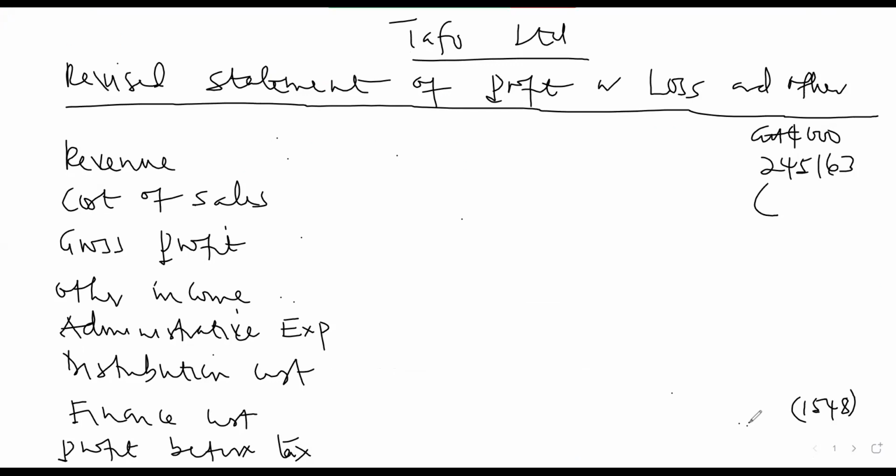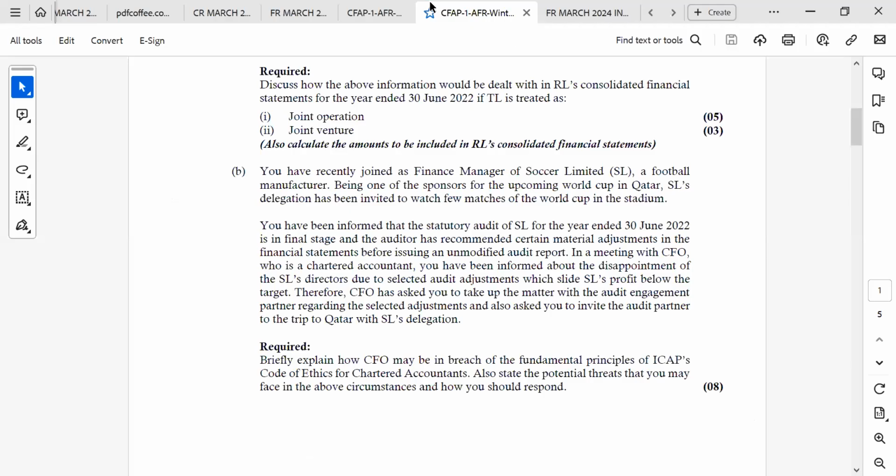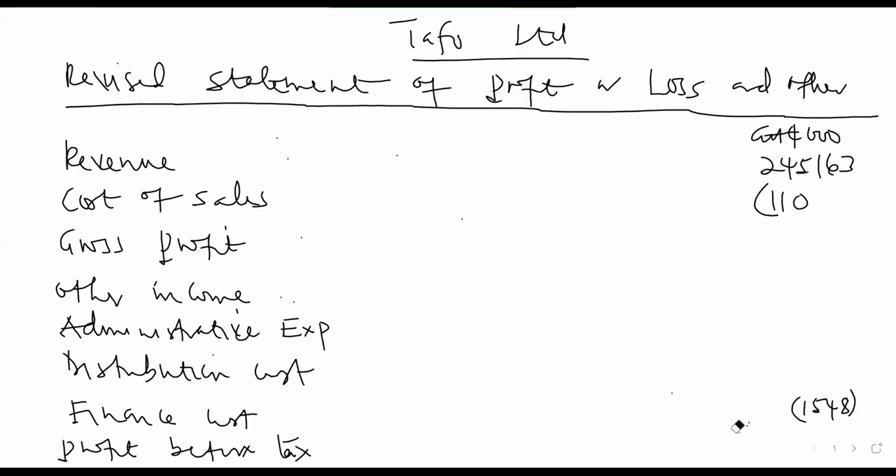There's no adjustment for it. 110,323. So the gross profit will still be the same.